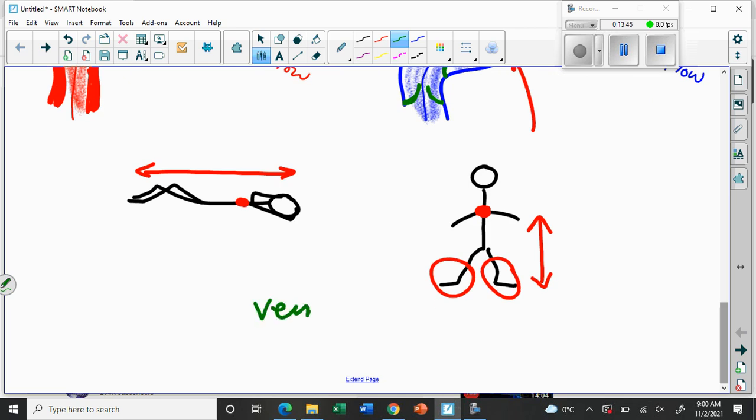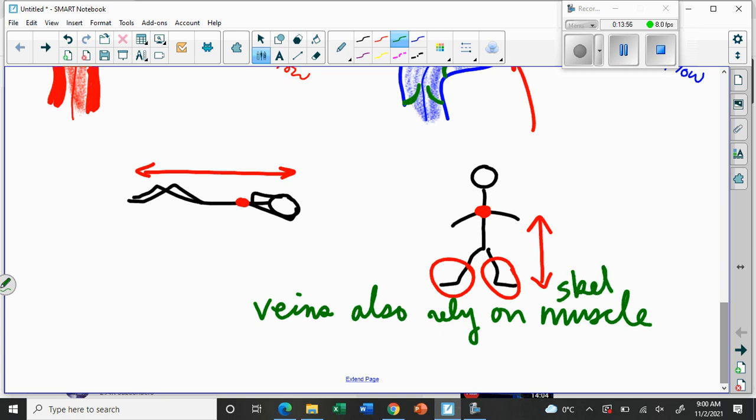Veins also rely on muscle contractions. I'm going to put skeletal muscle contractions to help squeeze blood along.